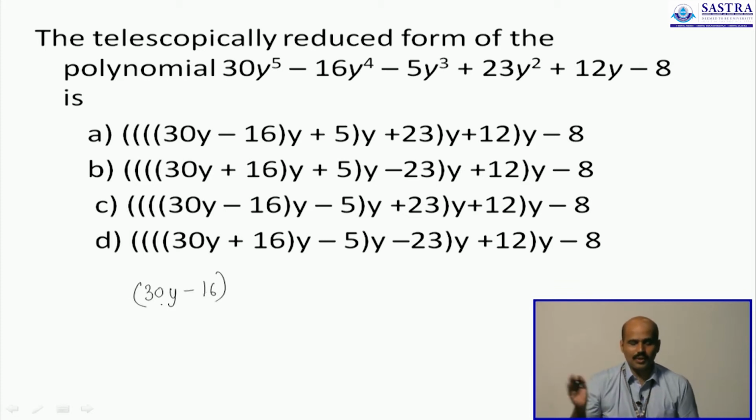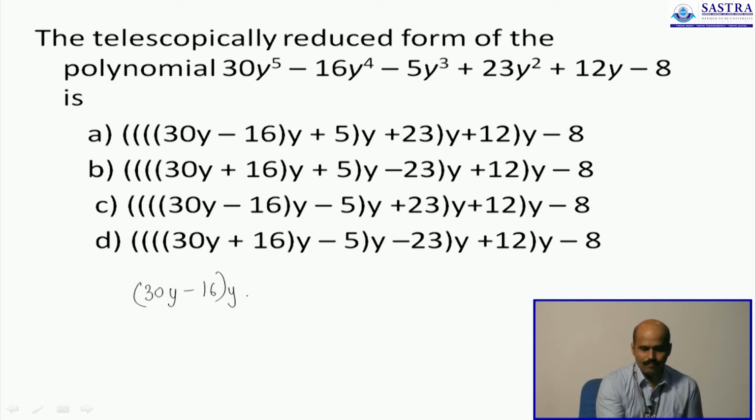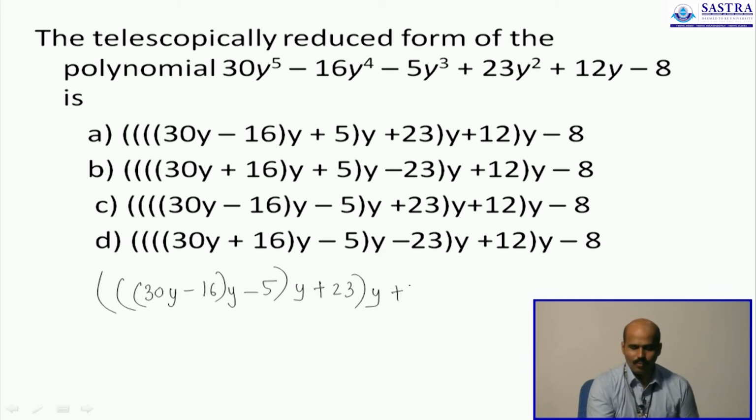You will gradually increase the power, so you will have a y, and the next term is minus 5 y cube, so there is a minus 5, a y again, and a 23 y square, there is a plus 23, and another y in the front, and the last term is a 12 y, so it's a 12 and a y again, and to that you subtract y.